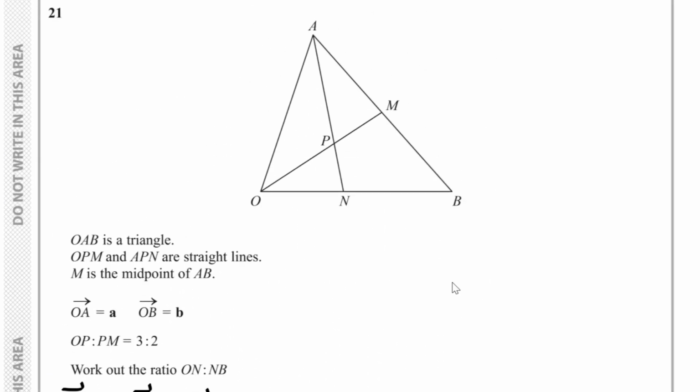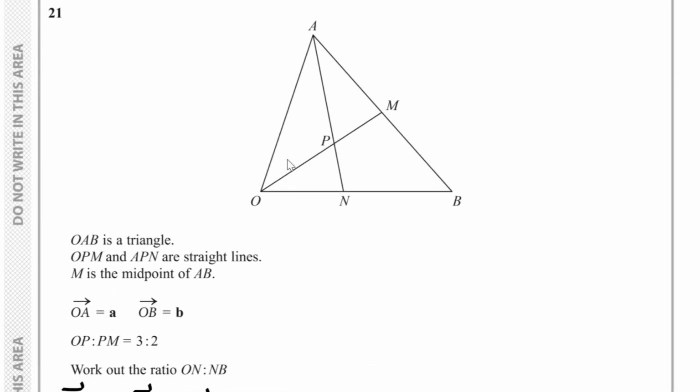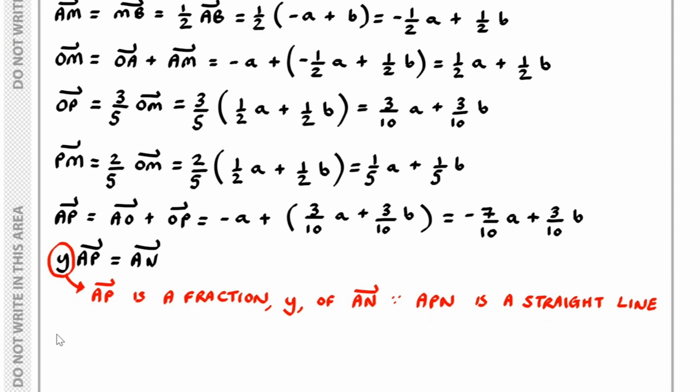So can we find out what AN is? Well, from A to N, I can go A to O and then O to N. So AN is equal to AO plus ON.